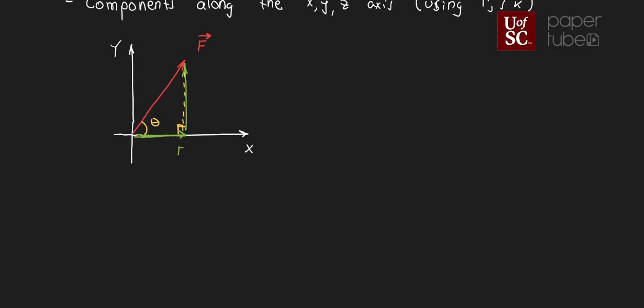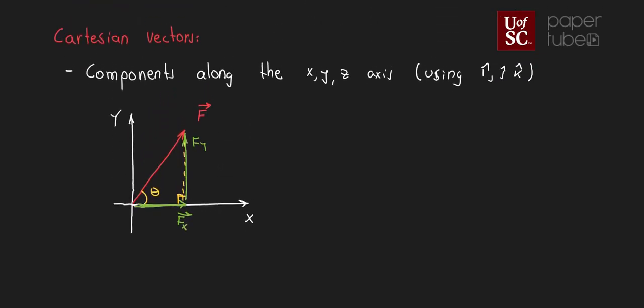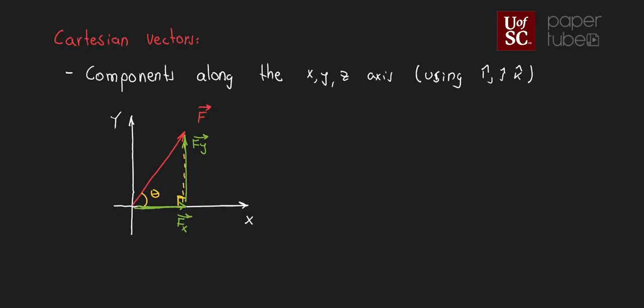This is called Fx. This is called Fy. If I have the magnitude of that vector F, I can calculate the magnitudes of Fx and Fy by using sines and cosines.